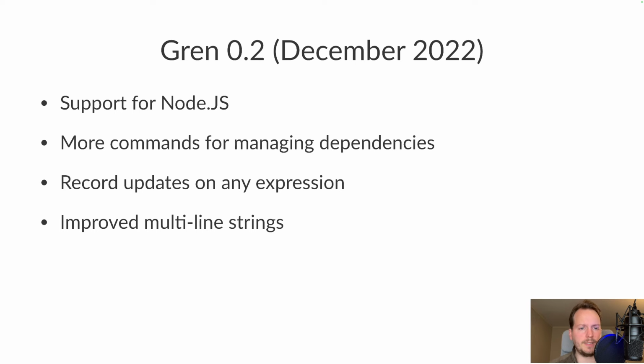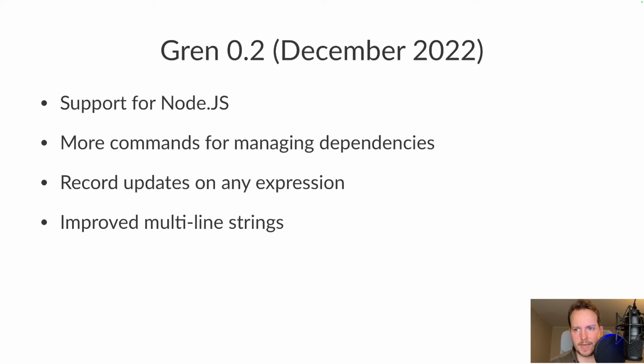Another language change that happened in Gren 02 is that you could perform record updates on any expression and not just variables. Again, I'm going to show a small example of that later on. And finally, multi-line string syntax was changed so that, well, in Elm, when you define a multi-line string, indentation is preserved.